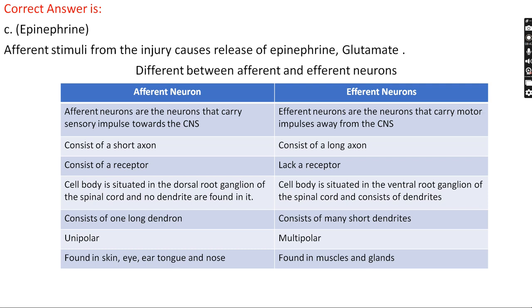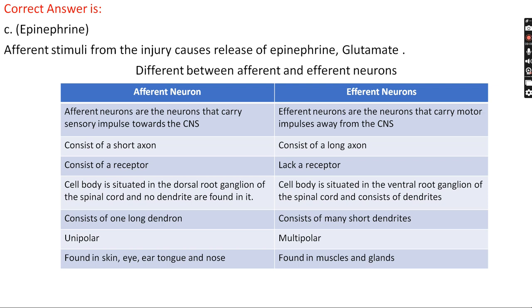receptor side toward the CNS, while efferent neurons carry messages from the CNS to effector sites, okay. Afferent neurons have a very short axon, while efferent neurons have a very long axon, okay. Afferent neurons have receptors, while efferent neurons lack receptors, okay.